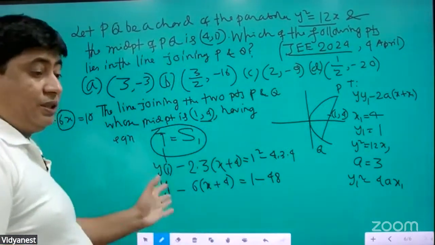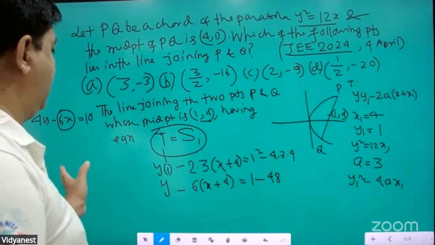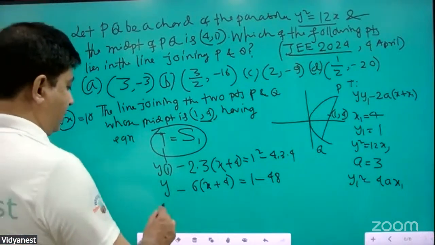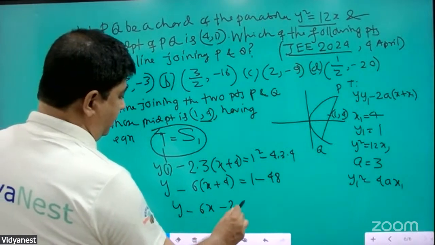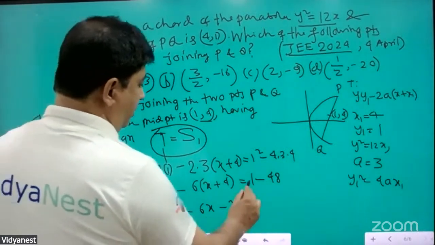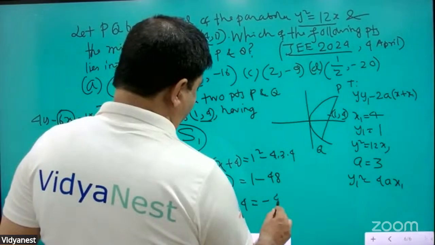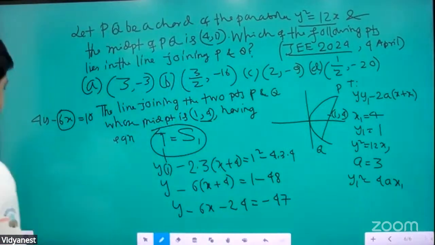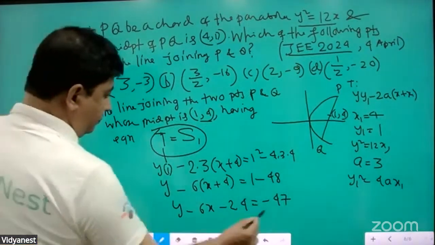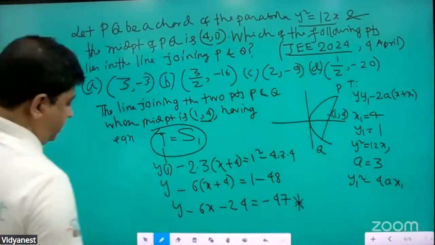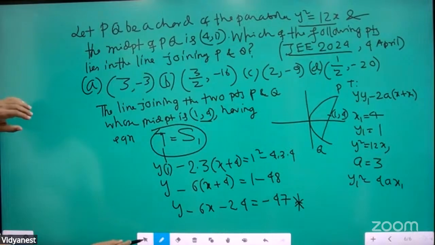Okay, you also observe that no such mistake occurs again. y minus 6x minus 24, 1 minus 48 is minus 47. Now, after this step, skip to this place.